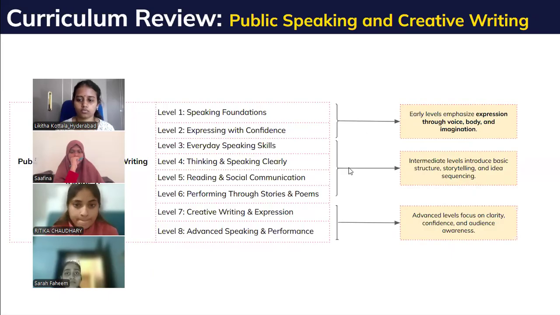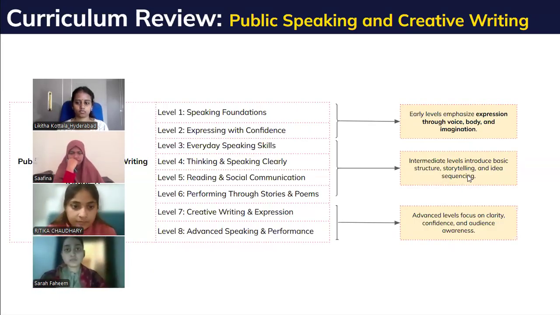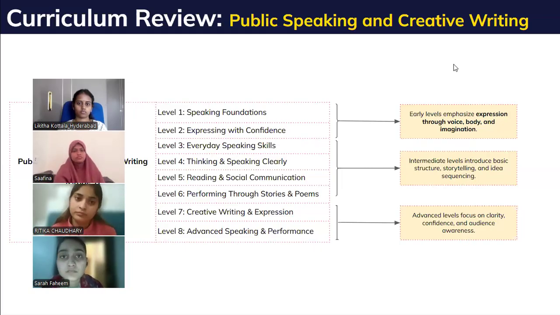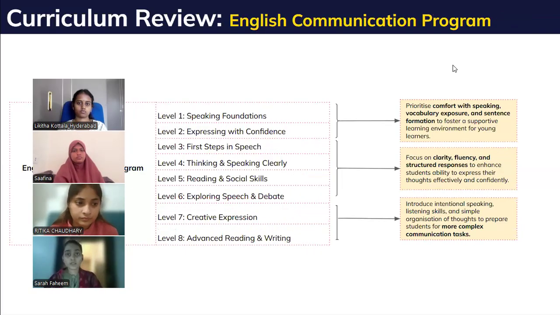Then we move to the next level. Intermediate level introduces basic structure, storytelling and idea sequencing. Then we go to our advanced level that focuses on clarity, confidence and audience awareness. So again, increasing the level slowly, gradually so that it is not overwhelming for our learners.